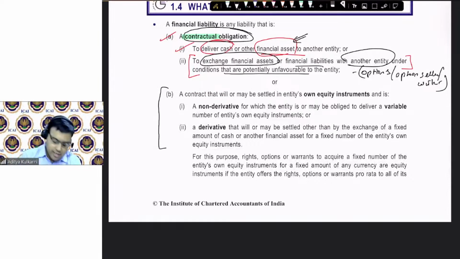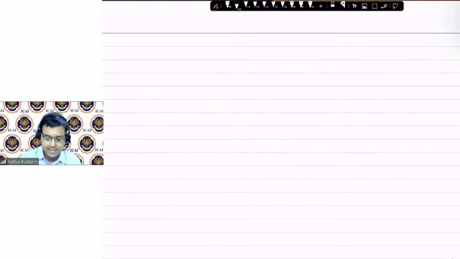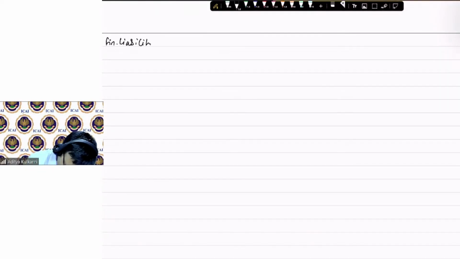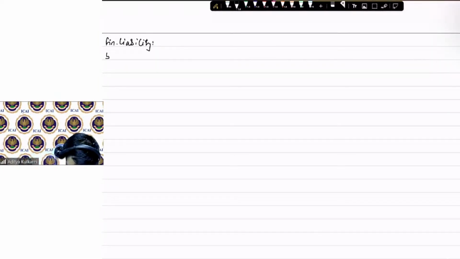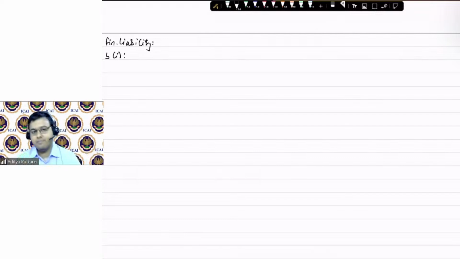Okay. So now let us take an example. I am discussing financial liability definition. I have to take examples, because if I read it from there, nothing will make sense. I am discussing B1 right now.